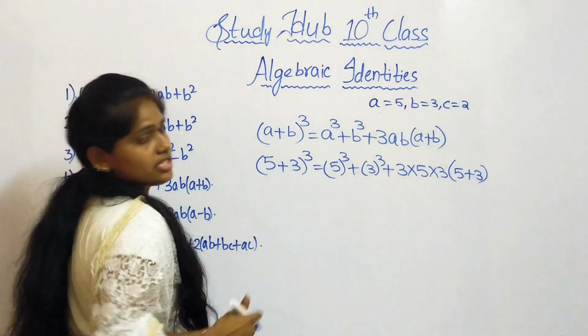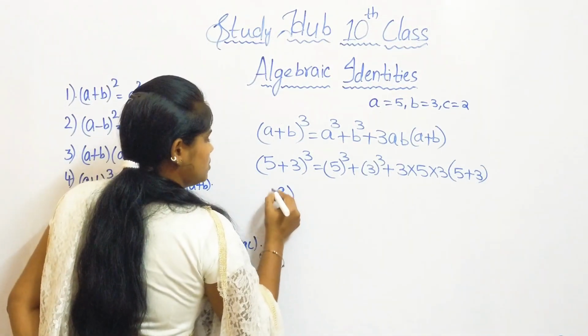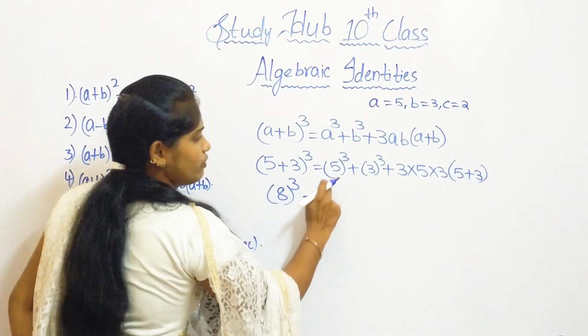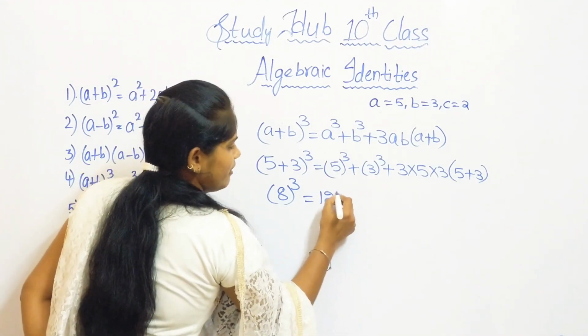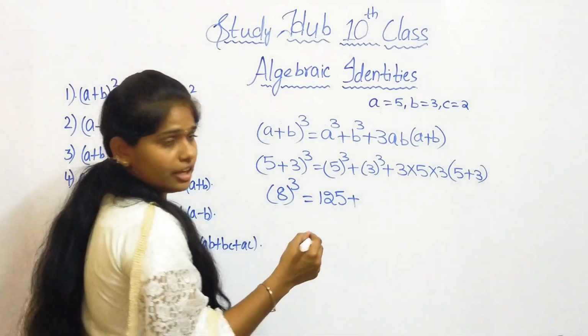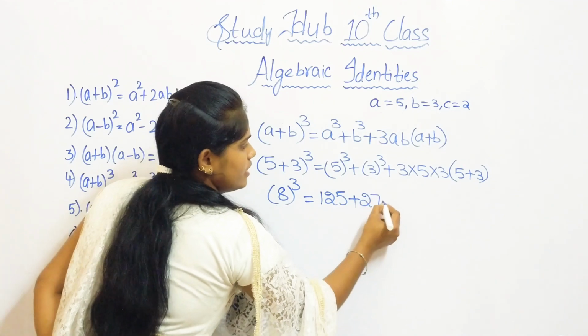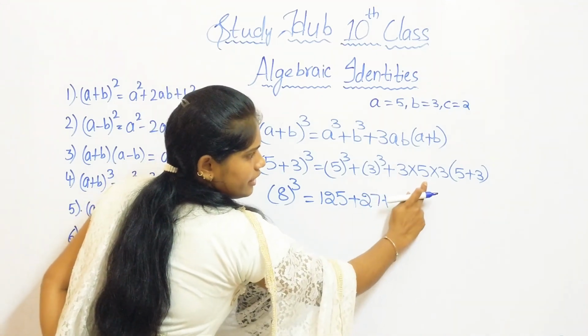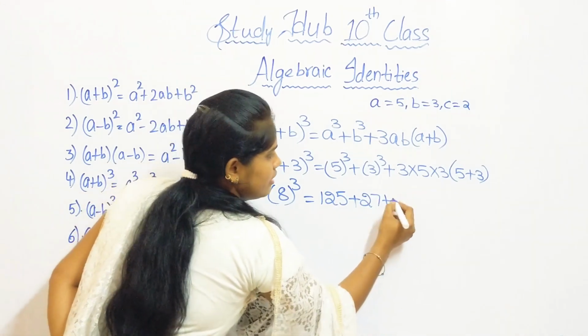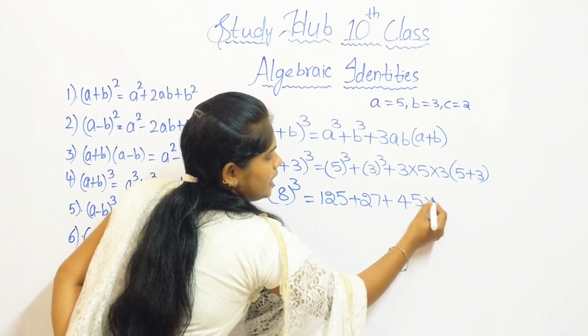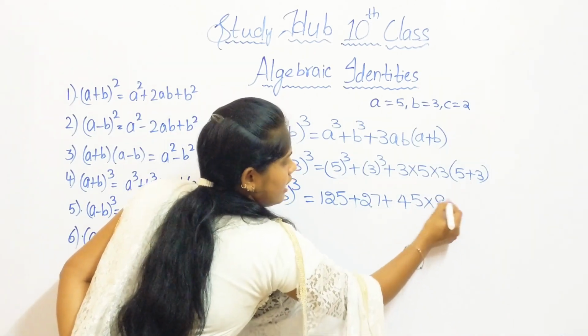Here 5 plus 3 is 8. So 8 cube is equals to 5 cube is 125 plus 3 cube is 27 plus 3 5s are 15 and 15 3s are 45 into 5 plus 3 is 8.